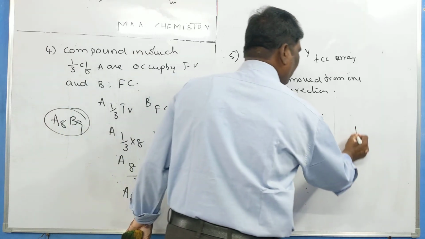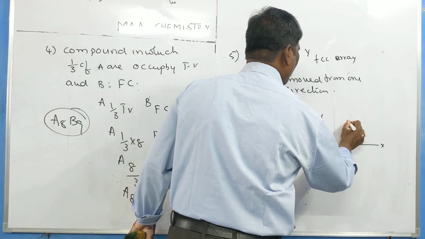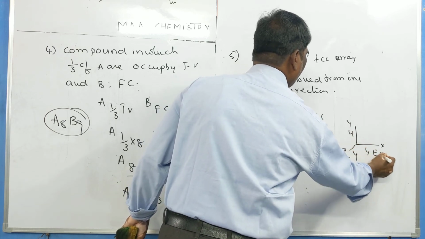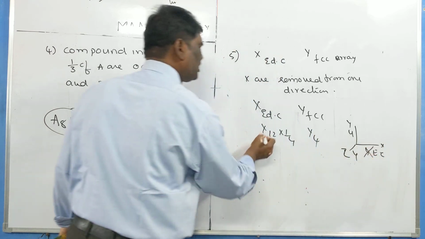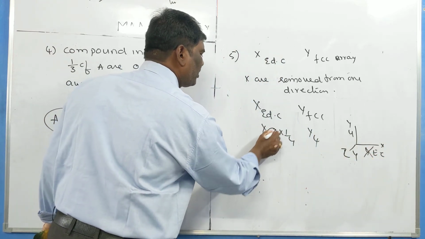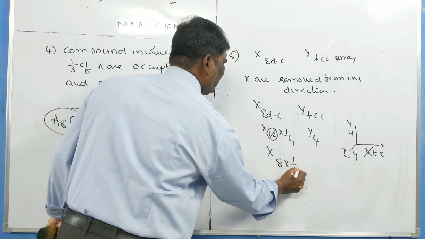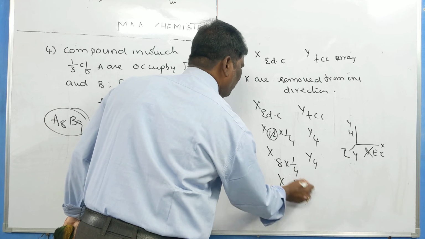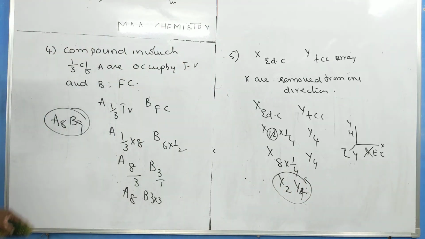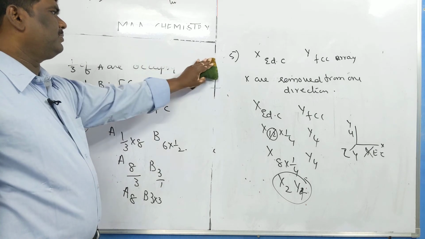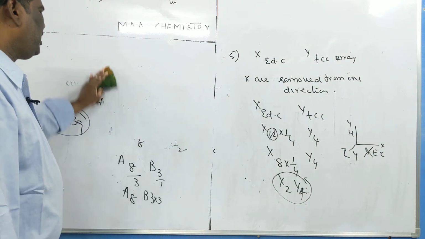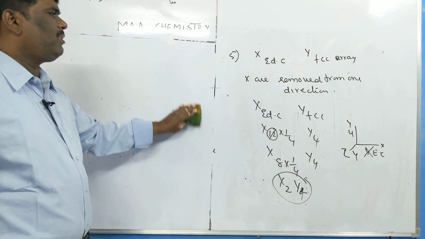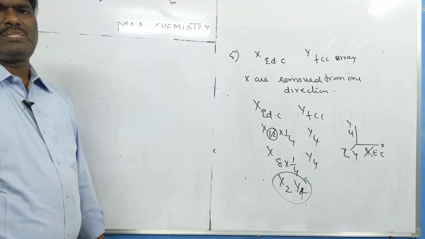Now for edge center, there are 3 edge directions, X, Y, Z, so in each one 4 edge centers are there. Now one direction is removed. That's why we don't write 12. Instead we write 8. 8 into 1/4, Y4. So X2Y4 is the formula of the compound. Thus the problems are solved by knowing these values. I hope you understood the method of solving the formula of solid state crystals. Thank you.